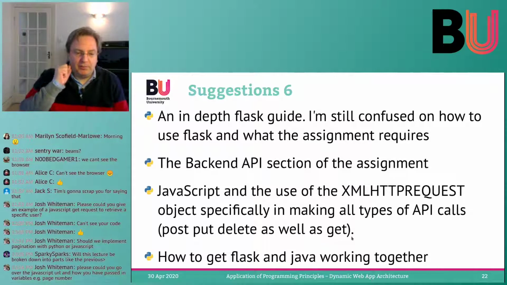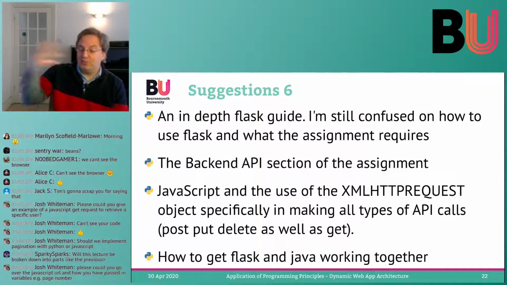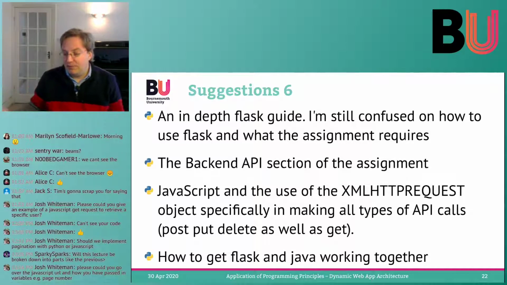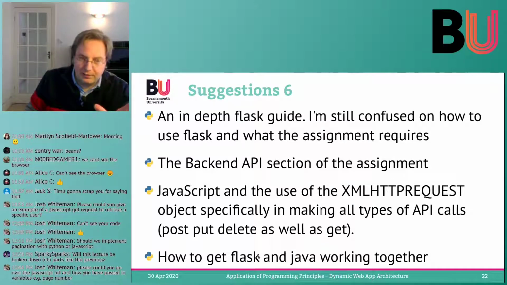How to use the XMLHttpRequest? Well, you pass in the URL that you need to use, then you tell it what method you have, and then what function it needs to perform when it finishes. How to get Flask and JavaScript working together, I've covered that as well.